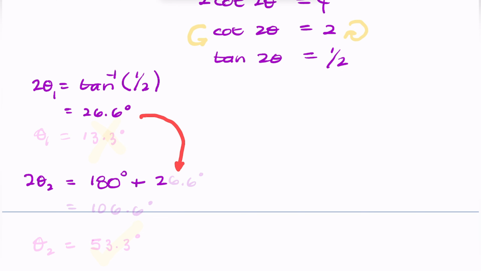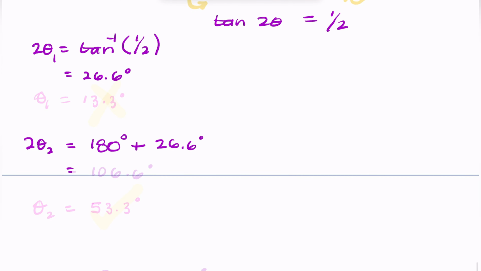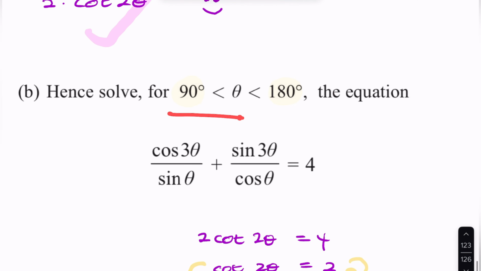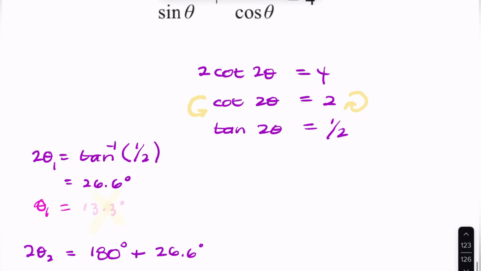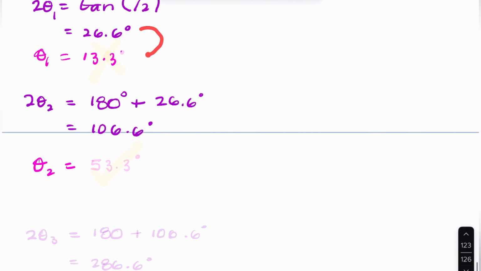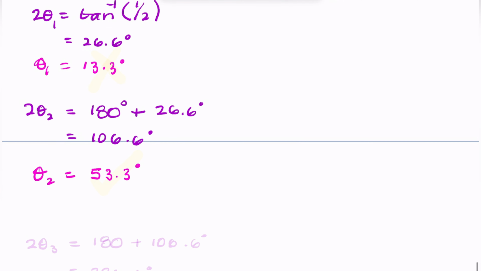So 2 theta 2 is 180 plus 26.6, and that gives you 206.6. So now we know 2 theta 1 and 2 theta 2, we can find theta 1 and theta 2 by dividing by 2. So that gives you 13.3, and this gives you 103.3 degrees. Have we finished?